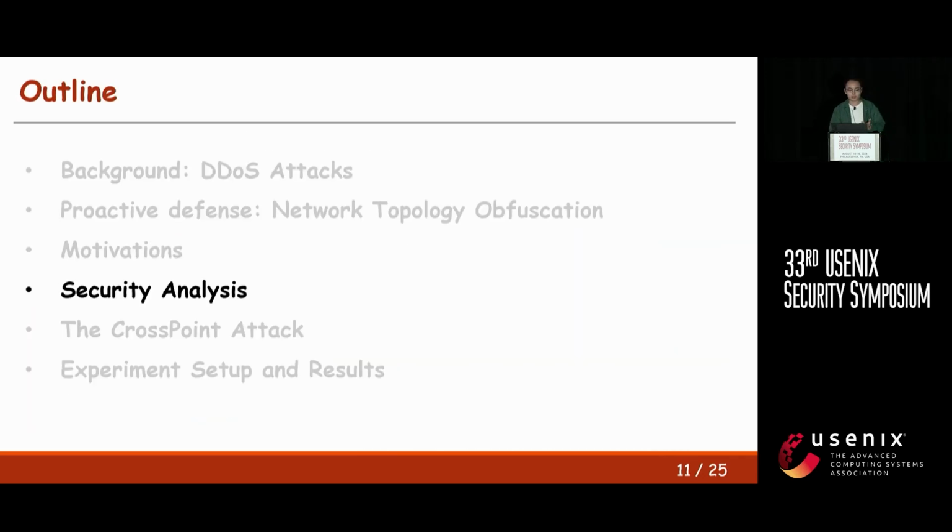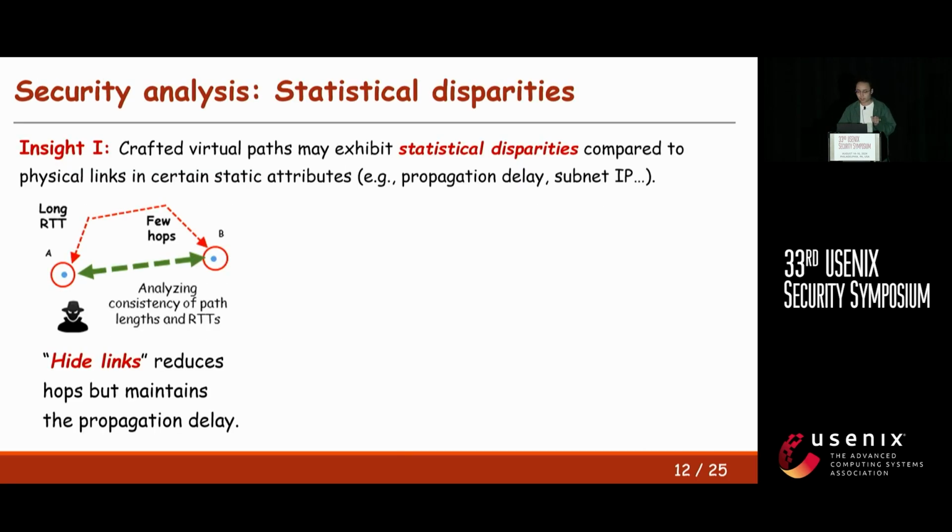So let's give some details about our insight. Our first insight is that some virtual paths created by the NTO schemes can be identified through statistical analysis. Let's illustrate with an example. When a scheme hides some links, it reduces the apparent number of hops but keeps the actual propagation delay unchanged.